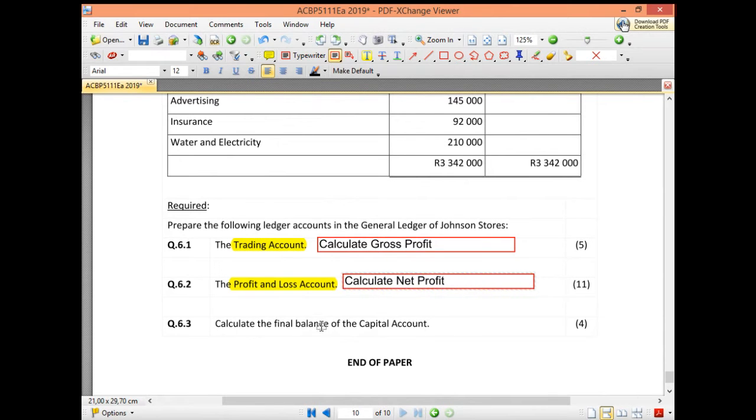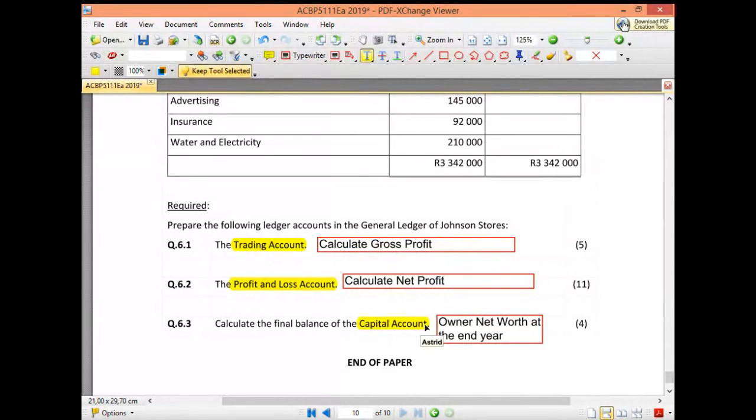And then they want you to calculate the final capital account balance. This is basically your owner's net worth at the end of the year. Now, to be able to do the capital account, you would need to know the opening balance.